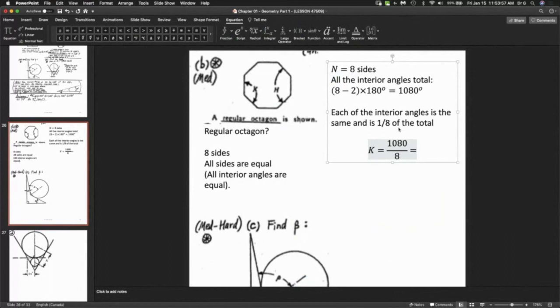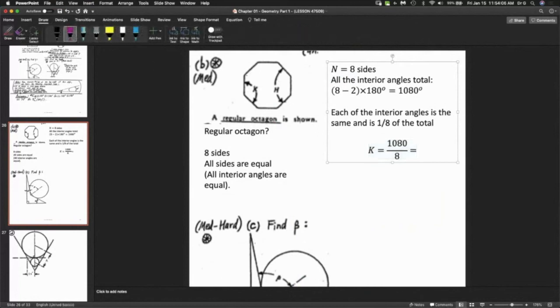What I'm saying is that the total of all the angles on the inside, let's mark them up here, you've got 8 of them: 1, 2, 3, 4, 5, 6, 7, 8. If you add all 8 together, you get 1080. But they're all the same because it's regular, so they each have an equal share of the 1080.